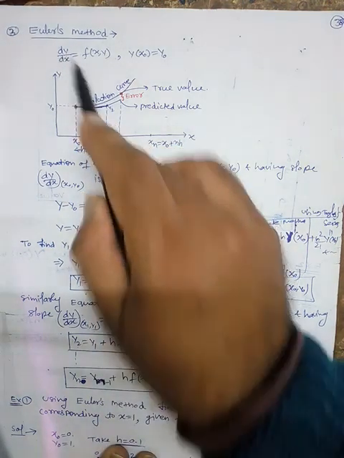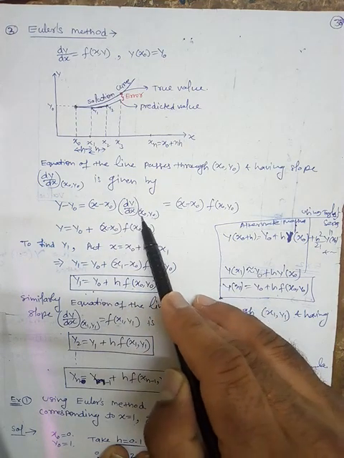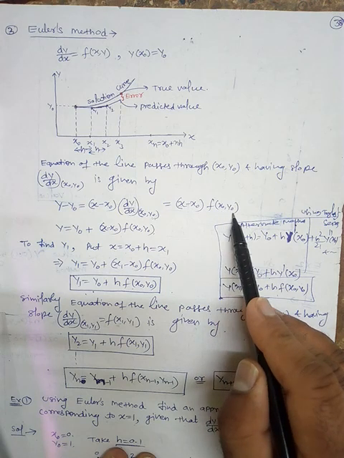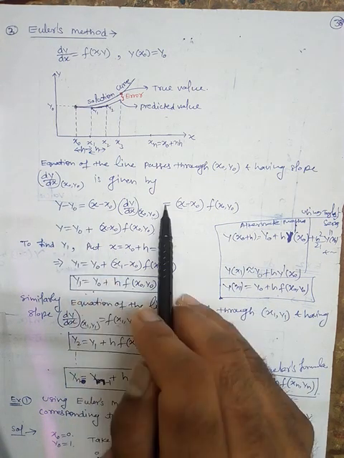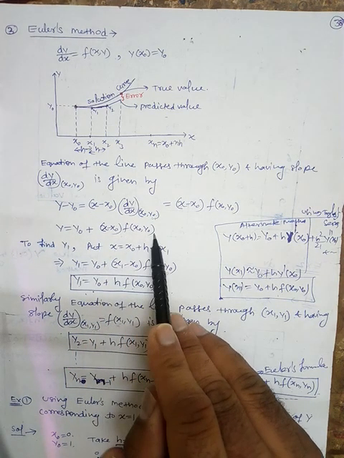But dy by dx is nothing but f of x, y, so substitute f evaluated at x naught, y naught. Now y naught can be taken to the right hand side. So y is equal to y naught plus x minus x naught times f at x naught, y naught.